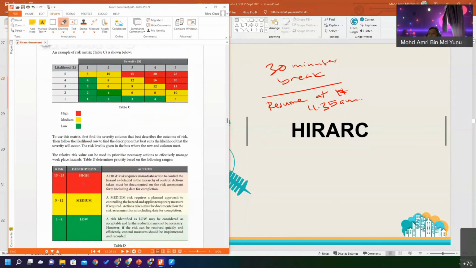High basically requires immediate action. So you need to stop the work. When your risk is in the red region, it means that the work or the area has to be cordoned off or secured. No one should get into that.